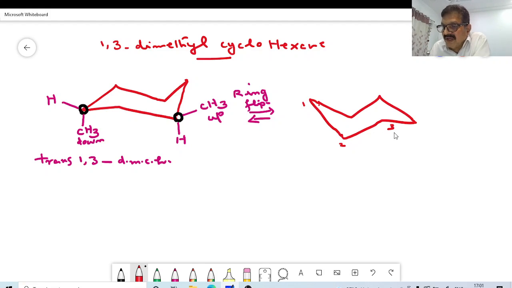Okay, now in this conformation we will have to see, one will be down, this is 1, hydrogen, methyl group. Okay, so then here it should be an up bond, CH3. Hydrogen.